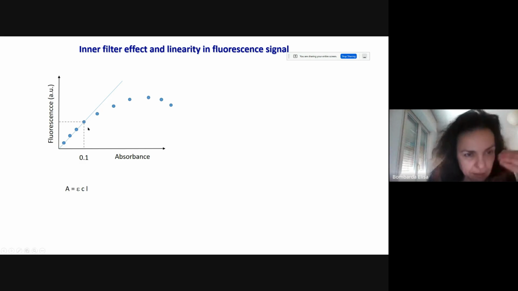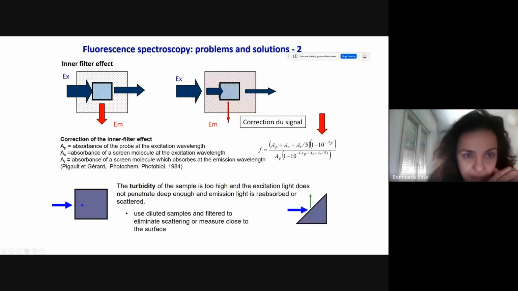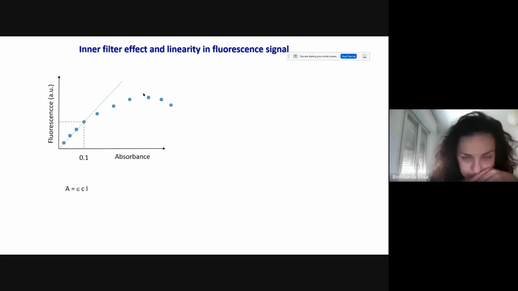That's why the absorbance is taken: practically, when the light that is lost here is below 0.1, that means 10% of the transmission, you can neglect this problem. Afterwards, not anymore.